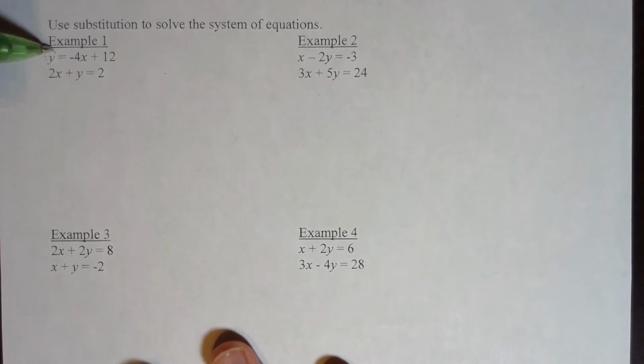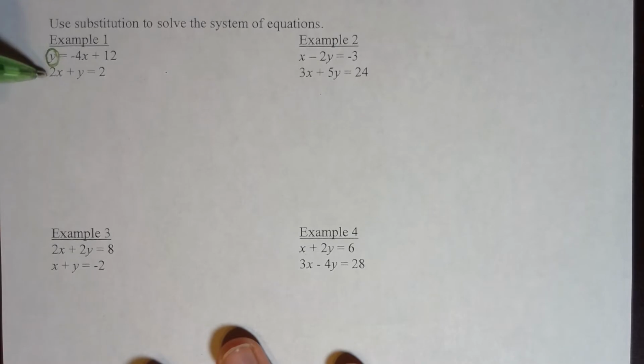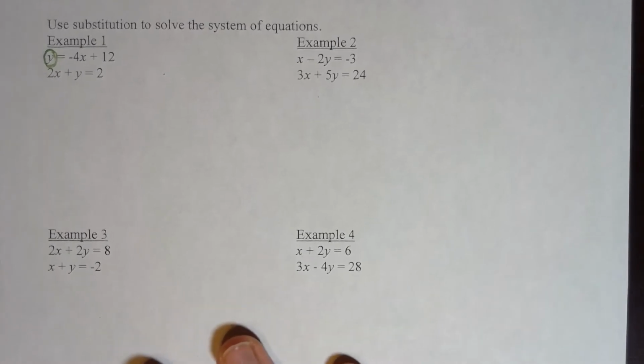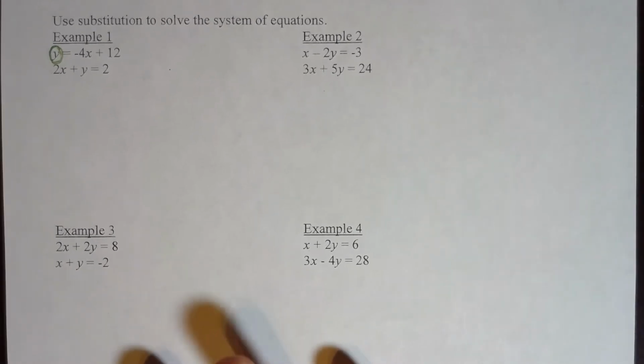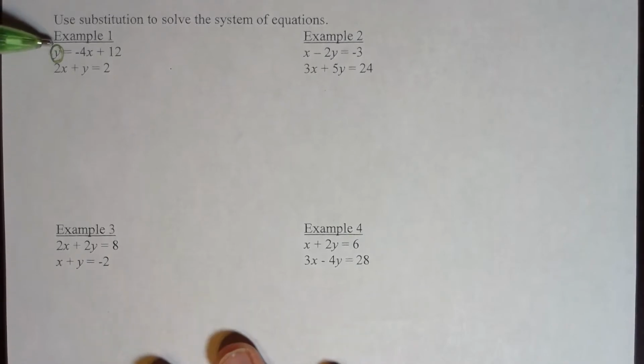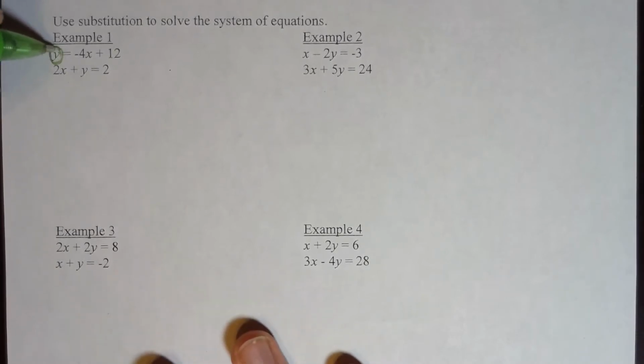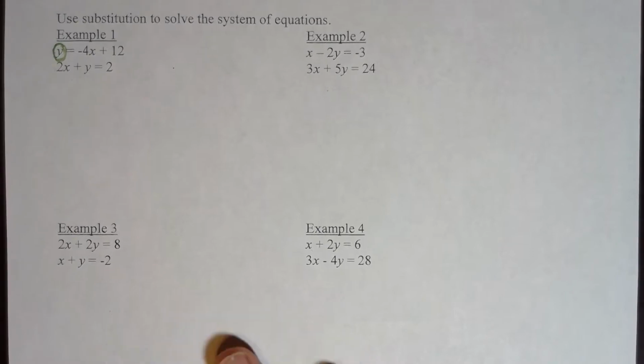Here is why I am going to choose to use substitution method on this system of equations. Like I said, you are going to have the choice of which method to use. I'm going to tell you that if I'm given these two equations, I'm going to always use the substitution method because one of the variables is already solved for.